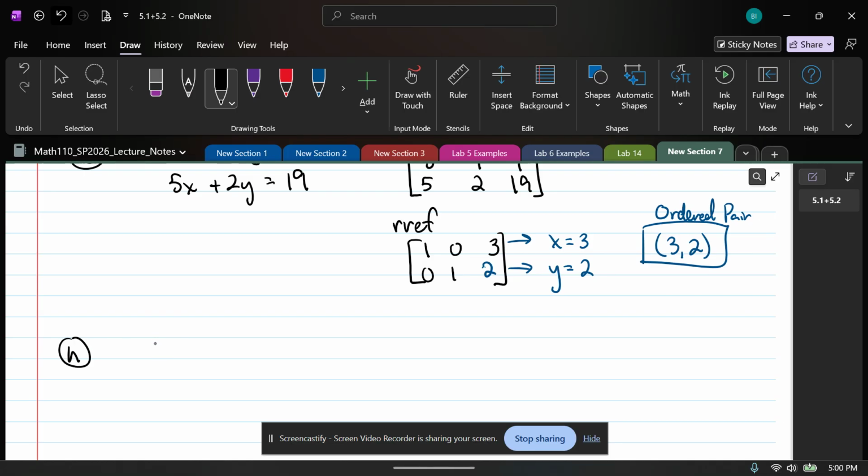Let's say we had this system, 3x minus 5y equals 8, 2x plus 2y equals 5. There's our system. Let's solve that using a matrix.